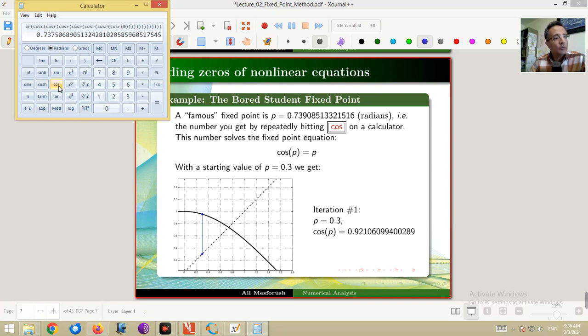If you do something like this and press cosine several times, you can see some digits after the decimal point, from left to right, will be fixed step by step. Okay, the first one, 7, is fixed, then 3 is fixed, and then 9 will be fixed.